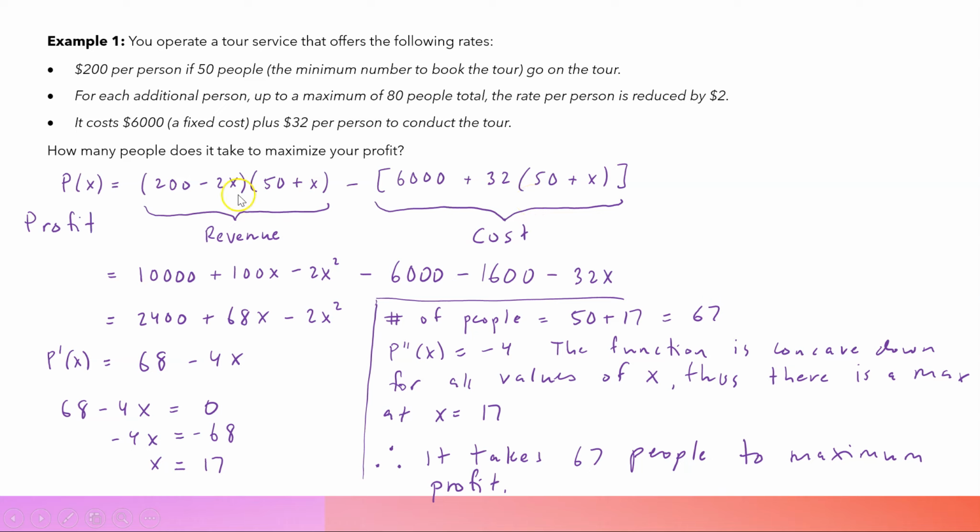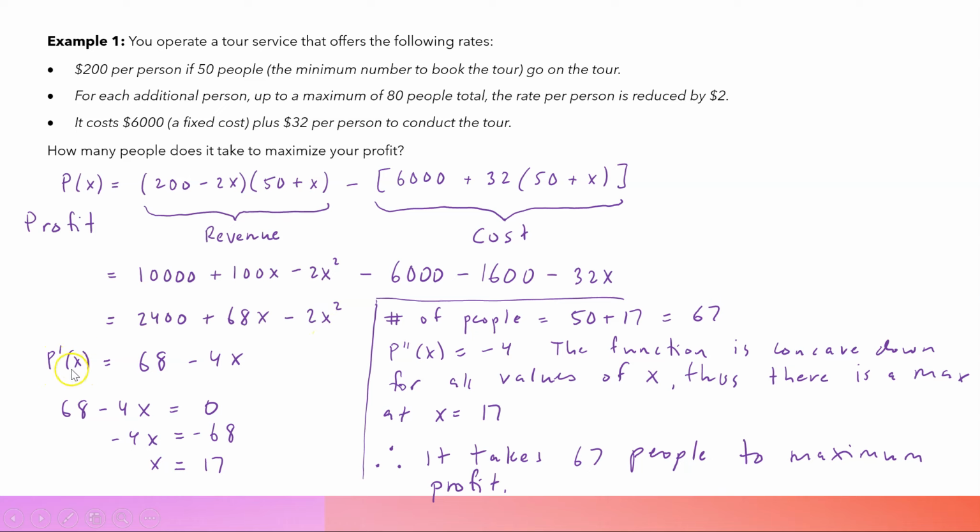Now simplifying this, expanding and collecting like terms, we end up with 2,400 plus 68x minus 2x squared. So this is our simplified profit function.